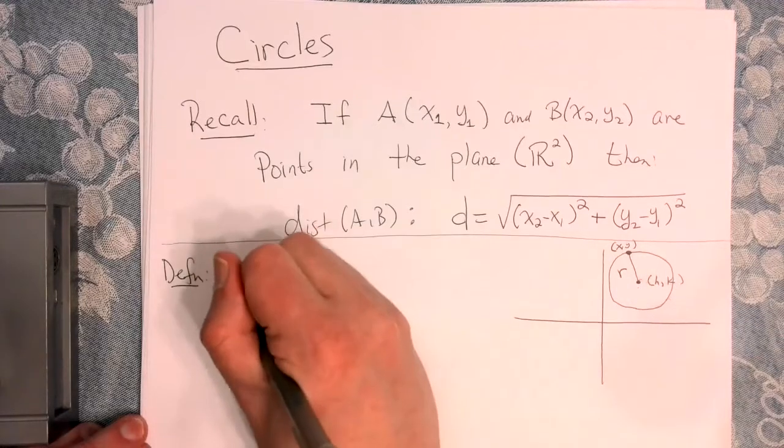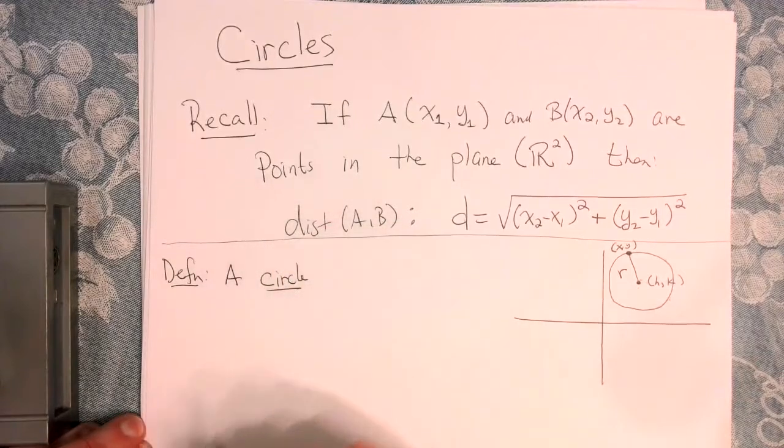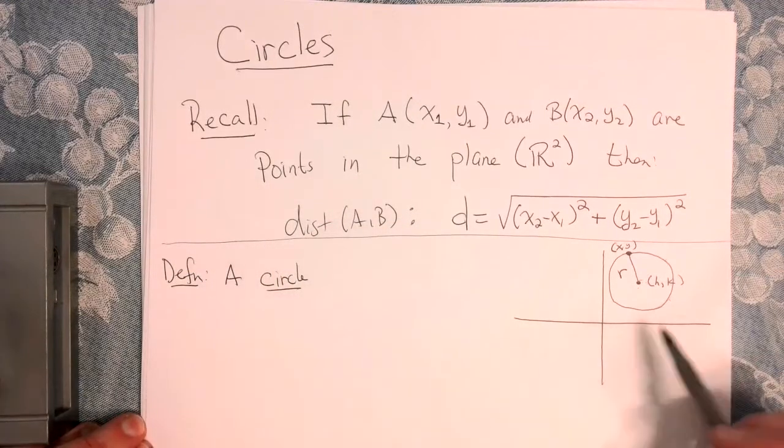Okay, so we sort of hinted at the definition of a circle. Let's say this more formally. A circle is the set of all points in the plane that are equidistant from a fixed point called the center.